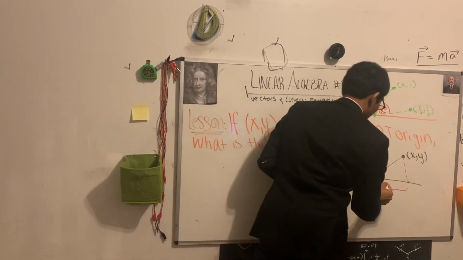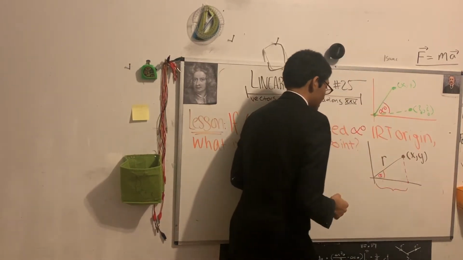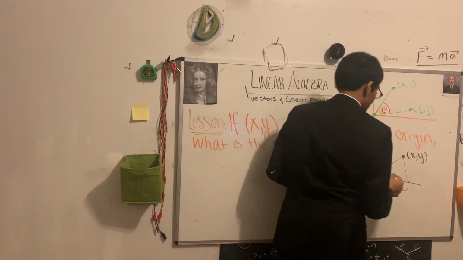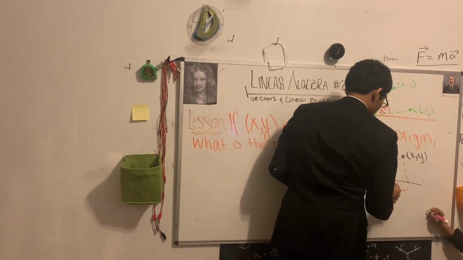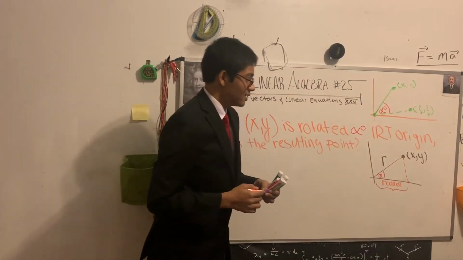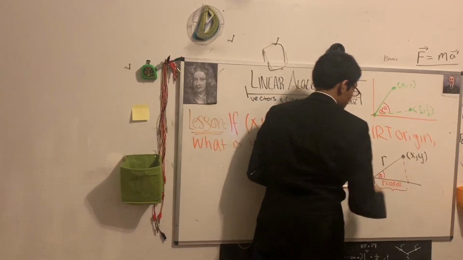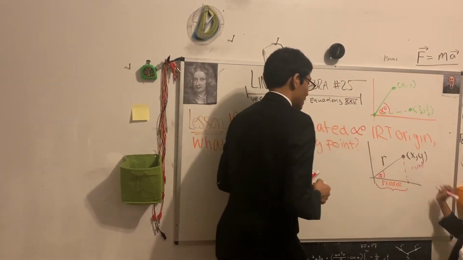So if you do the work, you'll find this is r cosine theta, right? Because x is cosine and y is sine, so this would be r sine theta, exactly.